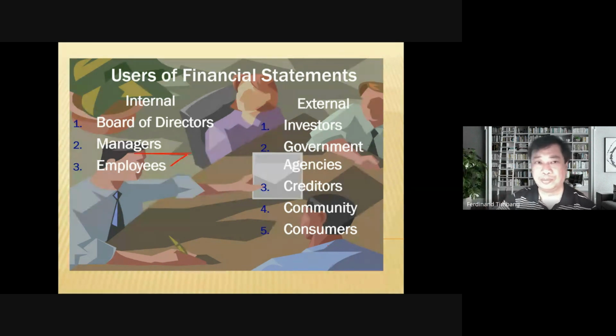And also the government agencies, especially yung BIR, kung magkano yung itatak sa'yo, di ba? Para meron silang magamit na pang confidential fund. Pang confidential fund yun. Kaya kailangan malaman nila yung mga kikitain.